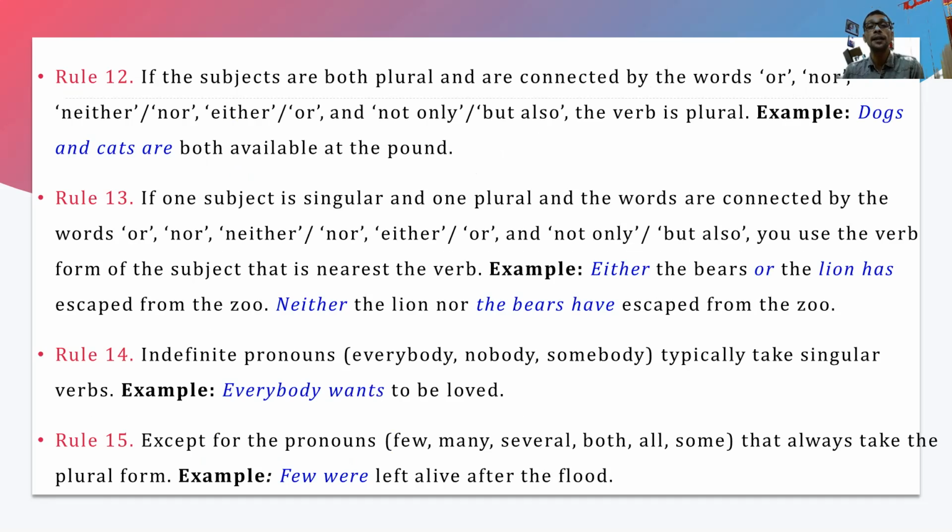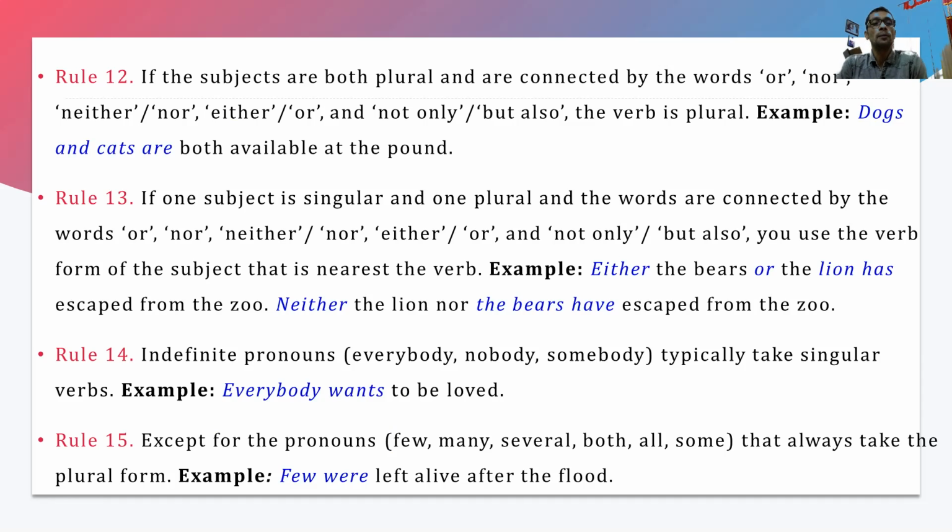Now, the currency of England is euro, but once it was pound. So in this example, once again, if the subjects are both plural and connected by those words, the verb is plural. Pound means currency.